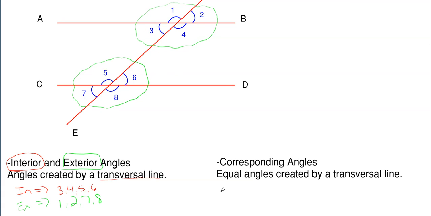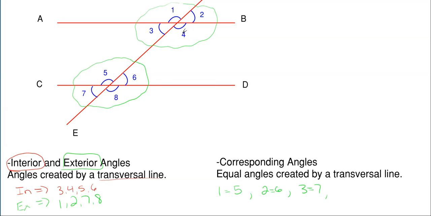So what this means is that angles 1 and 5 are corresponding and they are equal. So you could rewrite this as 1 is equal to 5. 2 is equal to 6 because it's in this upper right corner of the line. 3 in the bottom left is equal to 7 in the bottom left.